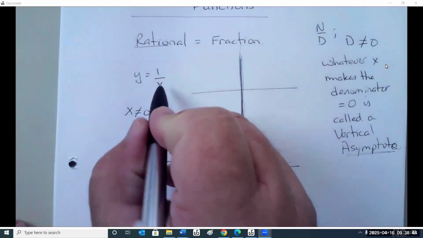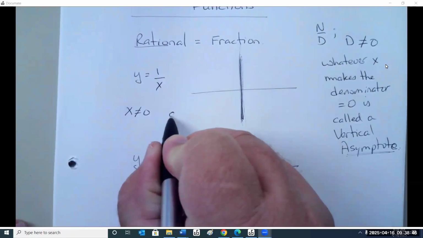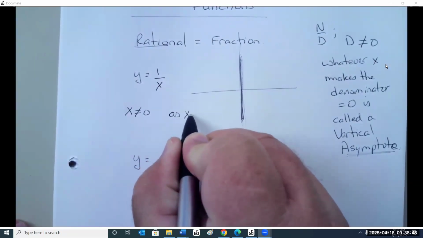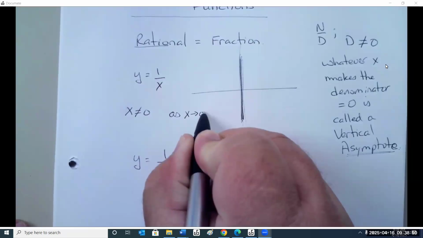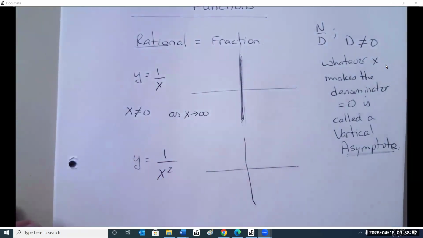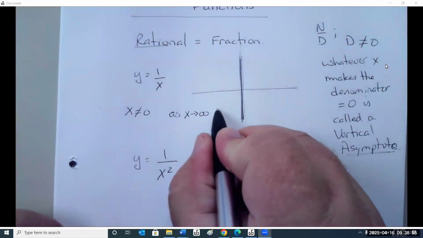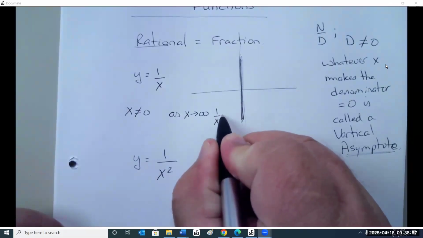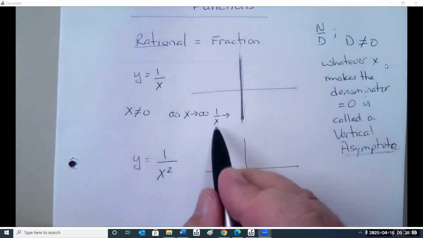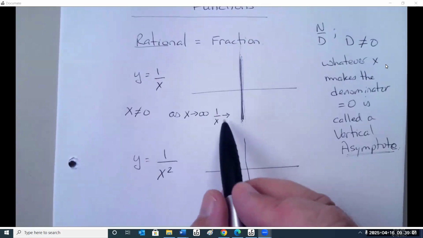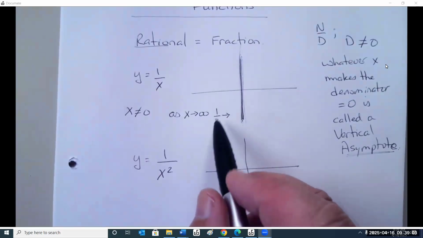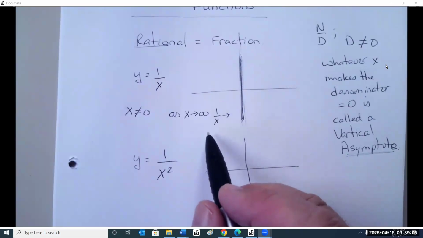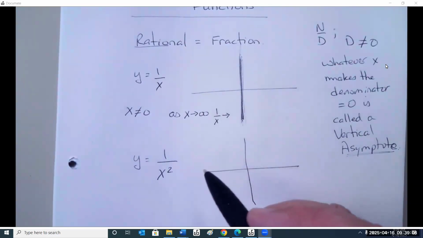Now, another thing we know, as x goes to infinity, what happens to 1 over x? What happens to this number? So think about it. When x is 1, what do we get? When x is 10, what do we get?